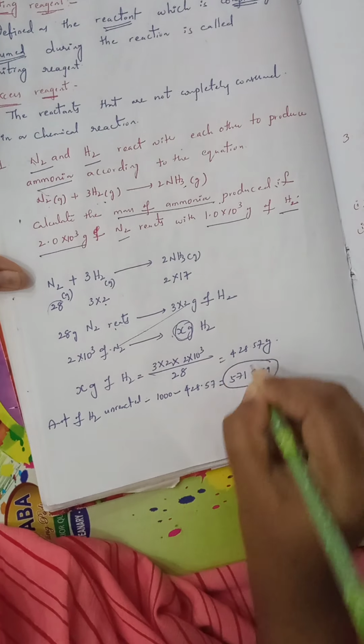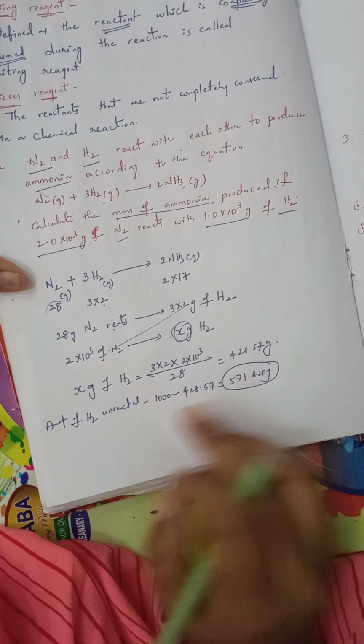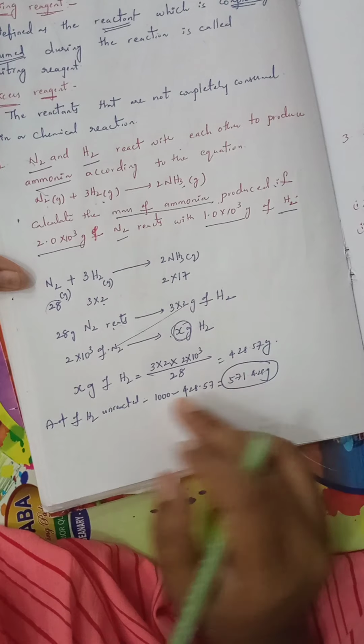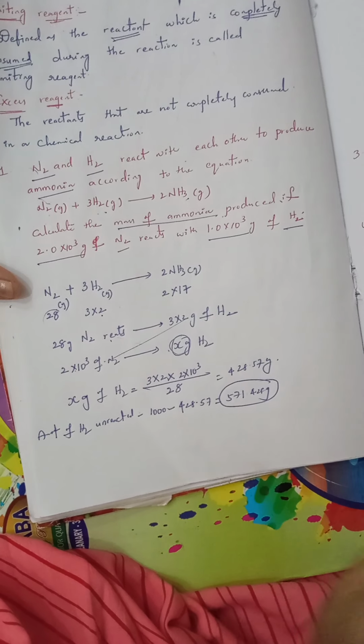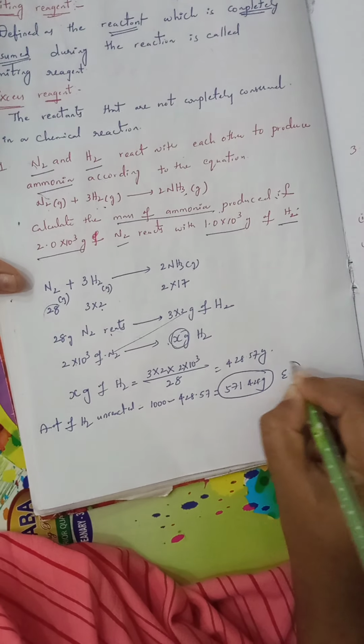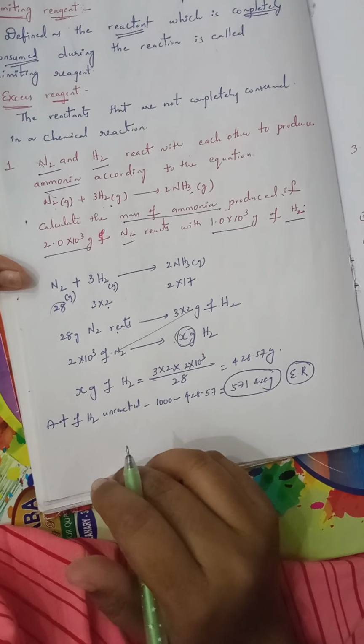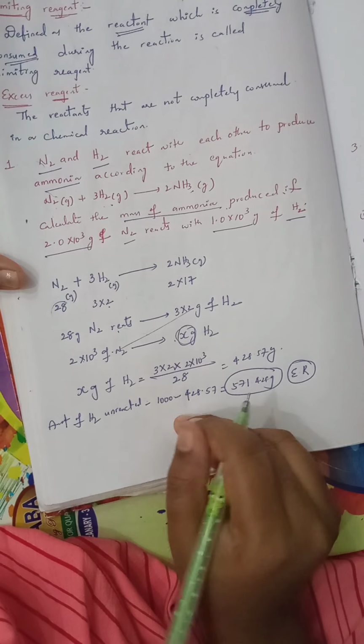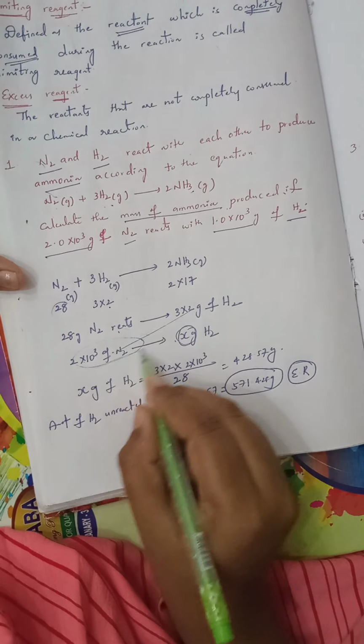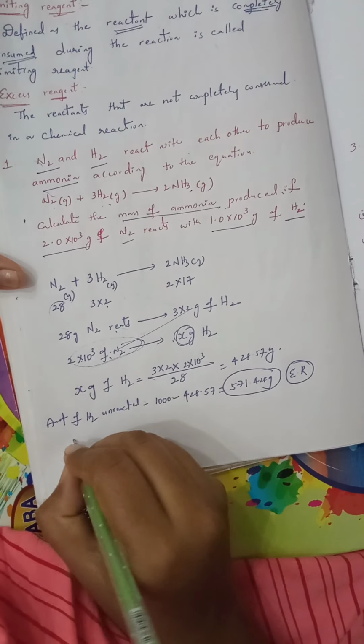That means this much H2 is not reacted, so it is not completely consumed. If it is not completely consumed, it is the excess reagent. If it is completely consumed, it is the limiting reagent. Now N2 is completely consumed, so it is the limiting reagent.